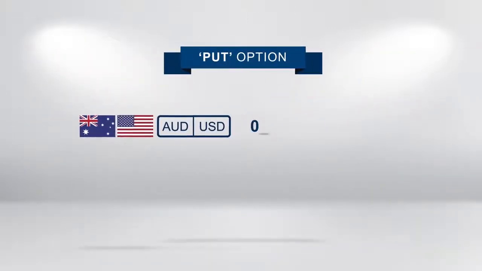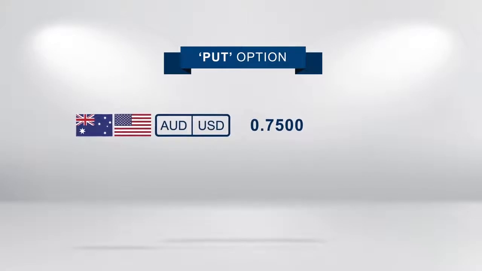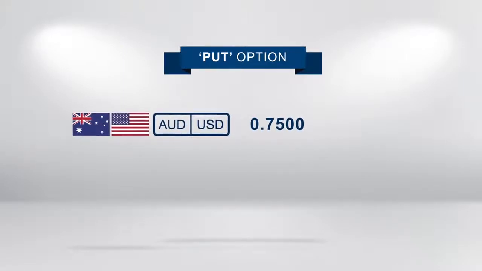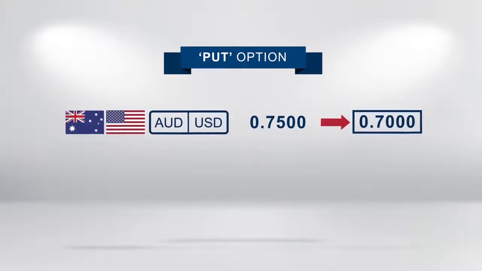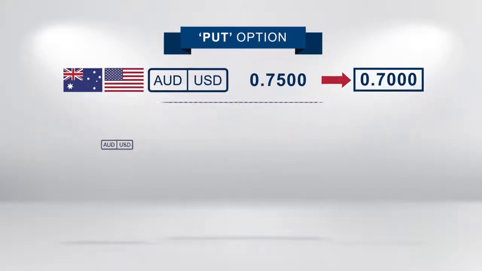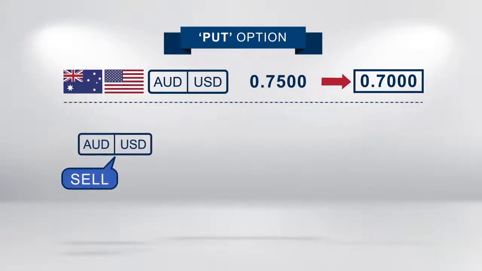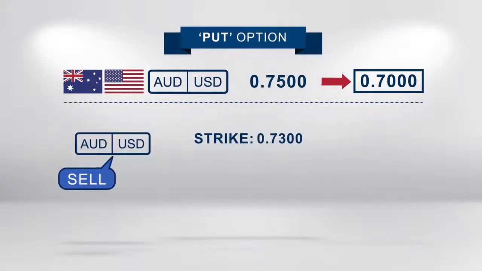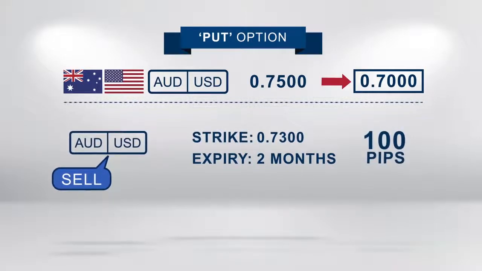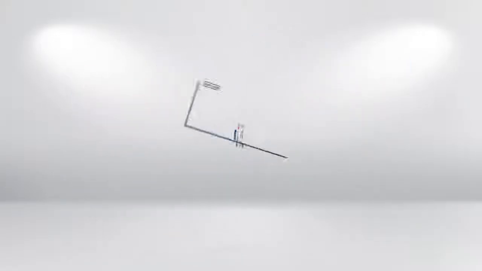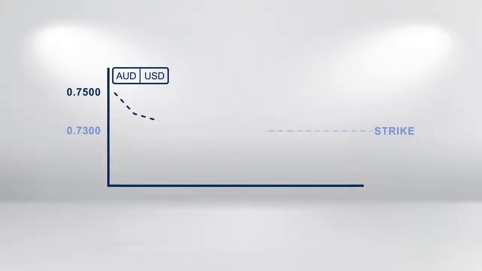Aussie dollar is currently trading at 0.7500. We target a move to 0.7000 within 2 months. We buy an Aussie dollar put strike at 0.7300, expiring in 2 months. The cost is 100 pips. During the 2 months, we don't have to worry about a stop level.